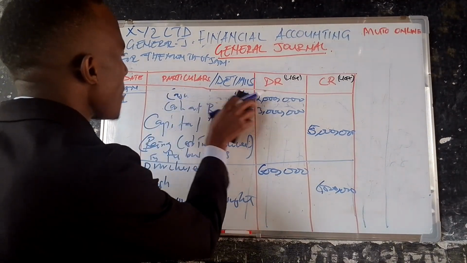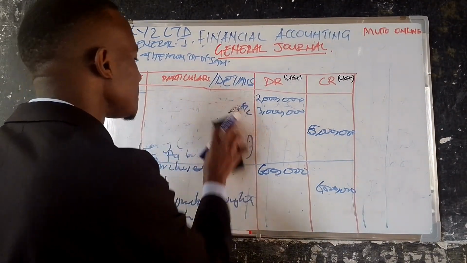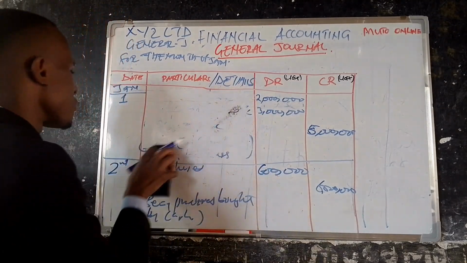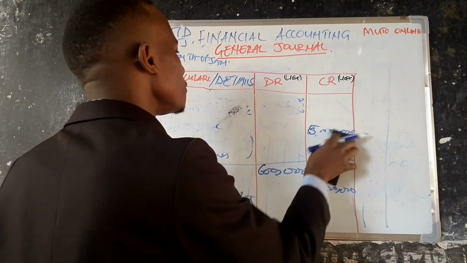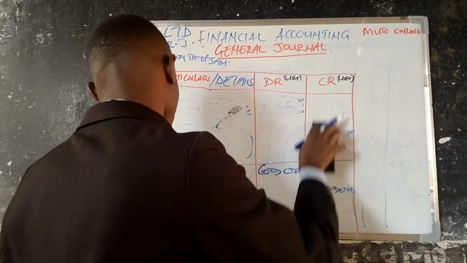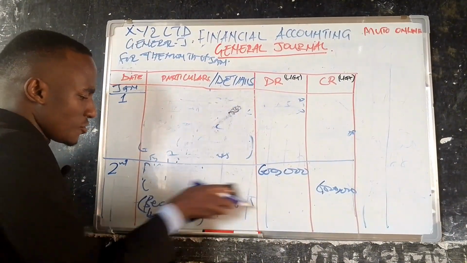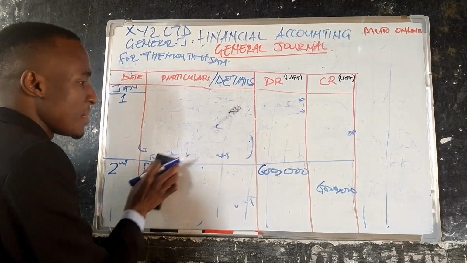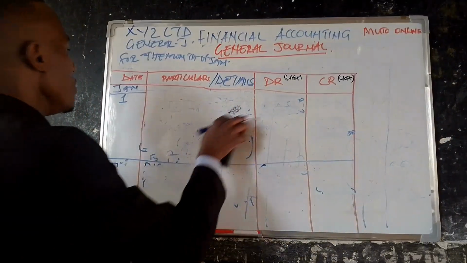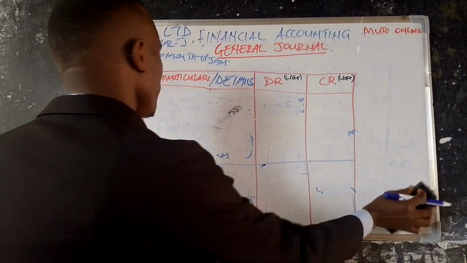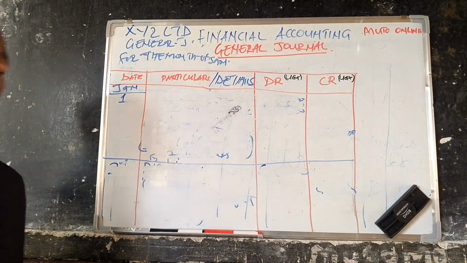Now I'm going to wipe off, but remember, while you are recording in your notebooks, you should start date per date. You can see me rubbing off since I have a little space. So we stopped on the transaction that was made on 2nd January.